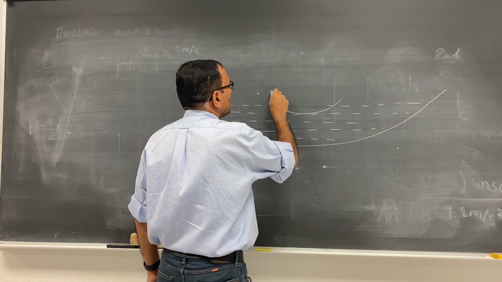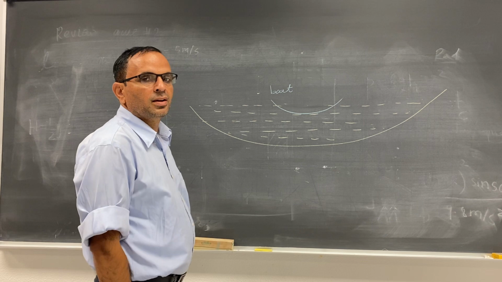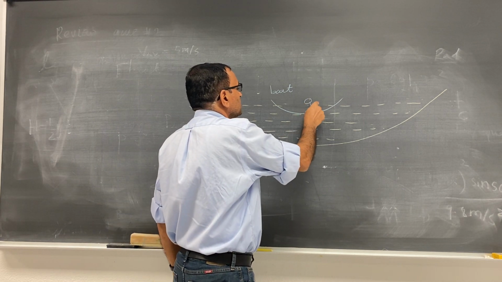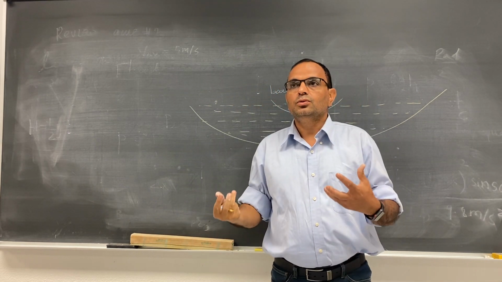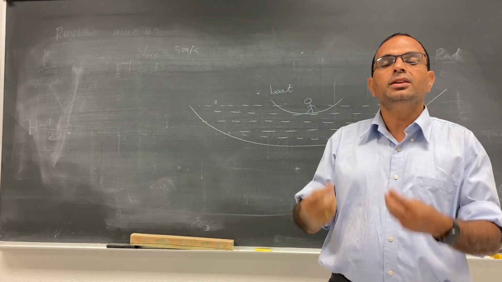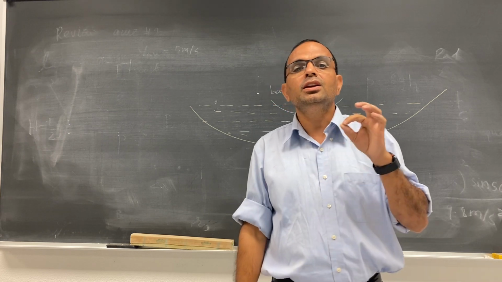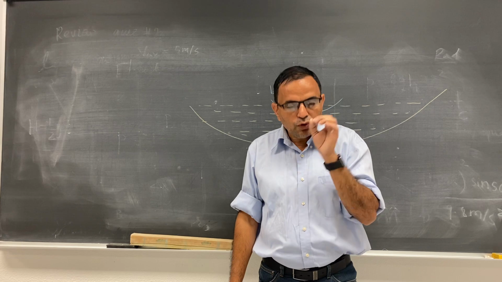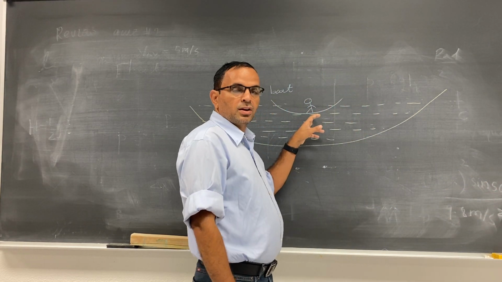The blue one is a boat, and you are here. To float, including the boat weight and your weight, you have to displace water equal to your weight plus the boat weight, because you are on the boat.